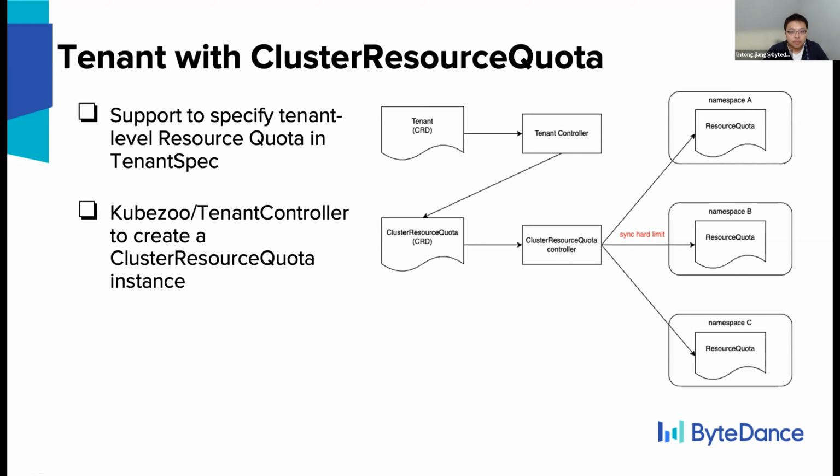As mentioned in the previous slides, it will create one resource quota in each of its managed namespaces under this tenant. Similar reconciliation handling will apply to the update and delete events for the cluster resource quota spec in the tenant.